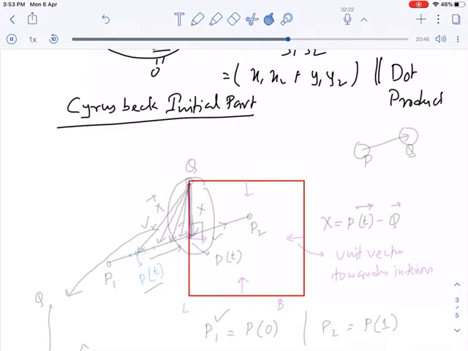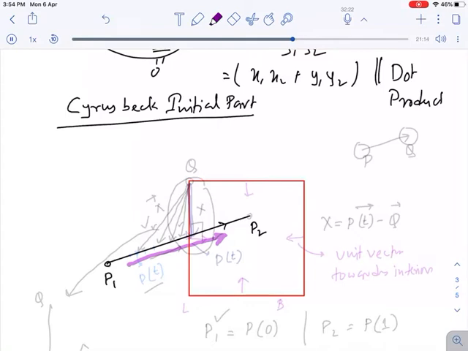Now there is a line going from the outside to the inside of the clipping window. So the direction of the line is this. The initial point is P1, the final point is P2.